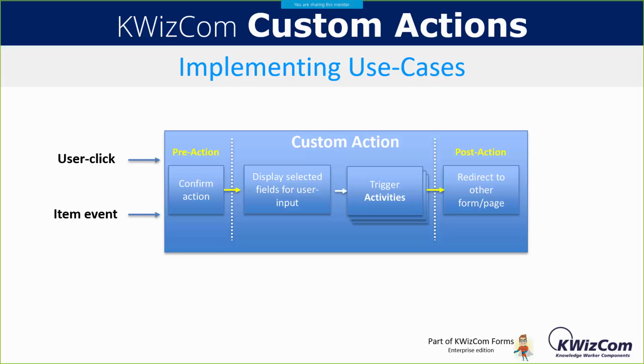Activities are atomic actions. An activity can be something like add an item, update an item, send an email, trigger a workflow, call a web service, and so on. So you can automate an entire use case or a process with a mix of user input and automatic actions.